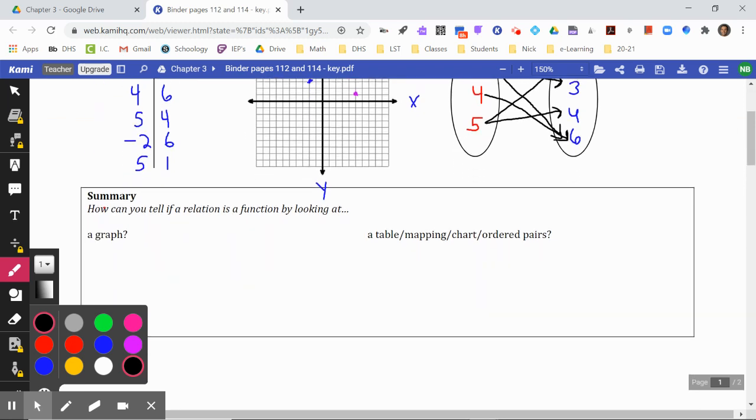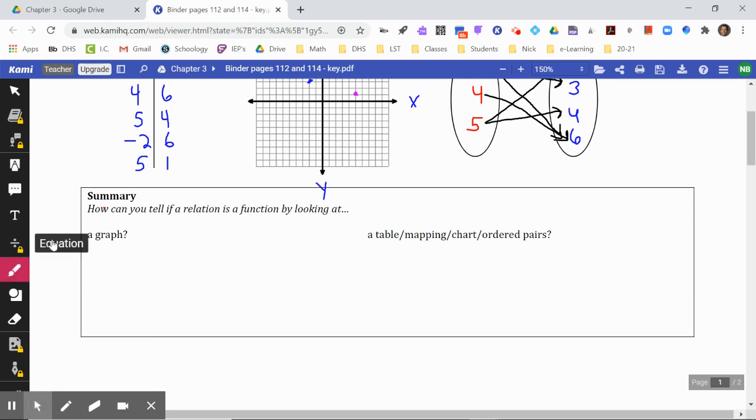All right, so little summary here, little recap. How do we tell if a relation is a function looking from a graph? If we're looking at a graph, we're going to perform the vertical line test. Sometimes you'll see us write it as the VLT.